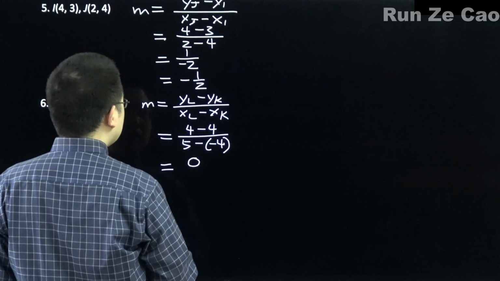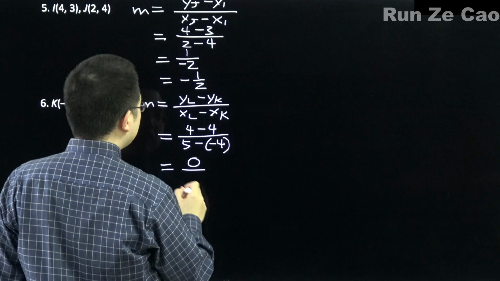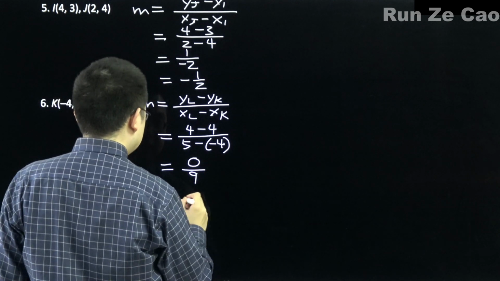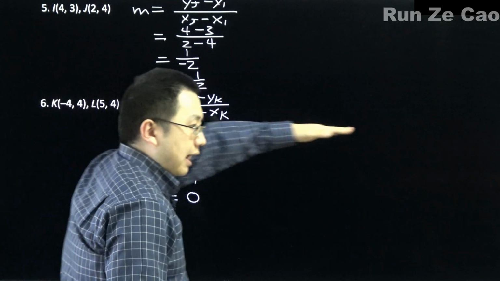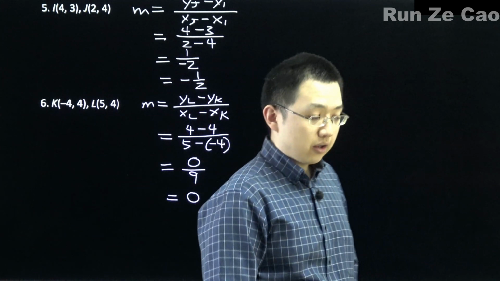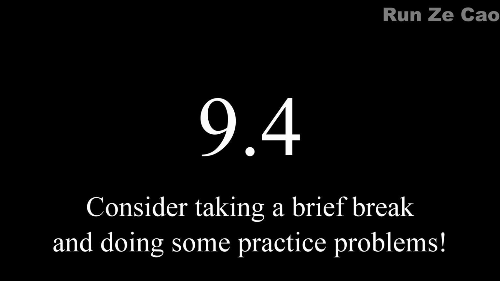On the other hand, if your y values are the same, you end up with a slope of 0, which means that it is a flat line. And the equation is going to be y equals some constant value.